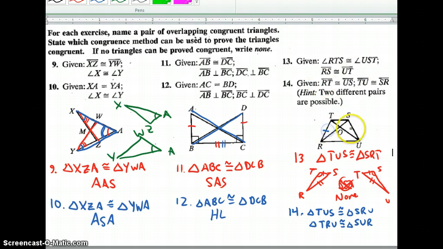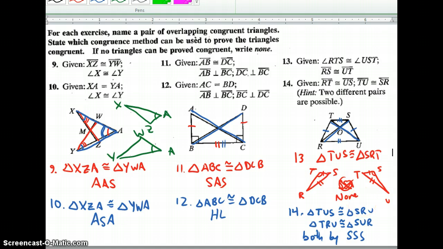Well, we have RT and US, we have TU, that whole thing, and SR. In both sets, the third missing side is reflexive. That's for the lower side of the big triangles, and this would be for the upper side and the two little triangles. So both of them would be true by SSS.